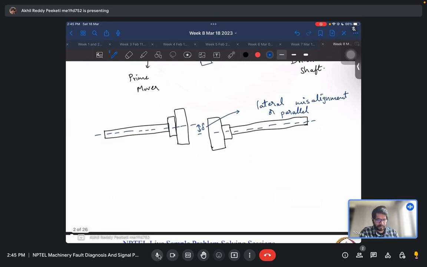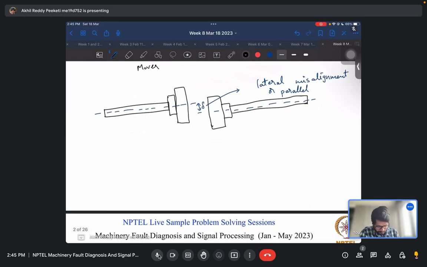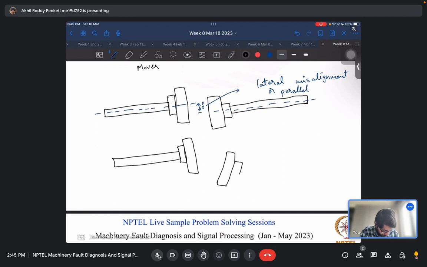There is one more possibility, where they are deviated by some angle. So this is angular misalignment.